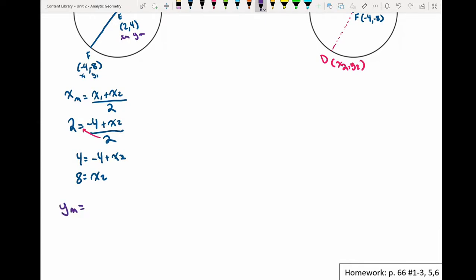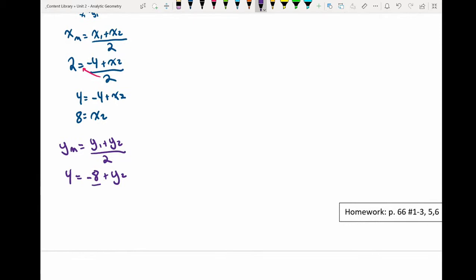Now I'm going to try to find the y value, so I'm going to use the formula for that: y1 plus y2 divided by 2. I know the y value of the midpoint is 4. I know my y1 is -8, and I don't know my y2. I'm going to divide by 2 as part of the formula.